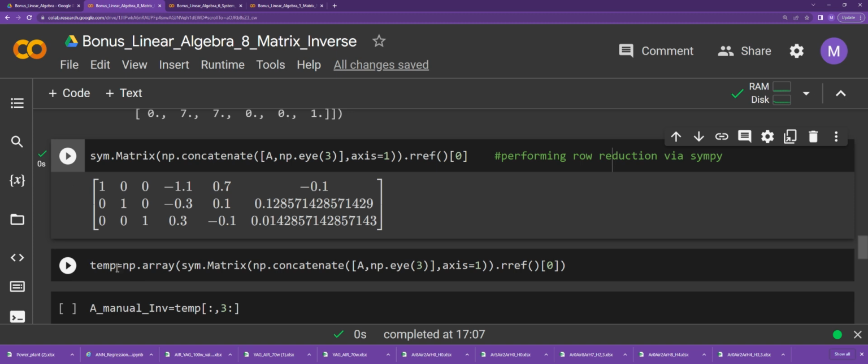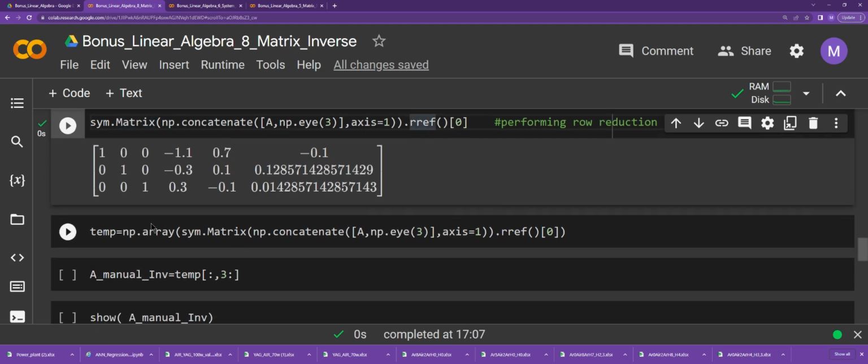So I'm going to say temp equals np.array. Remember, the numpy array doesn't have a reduced row echelon form function. So first I'm converting the whole thing into a sympy type to be able to do a reduced row echelon form. And then I'm calling np.array on the whole thing to bring it back into numpy form.